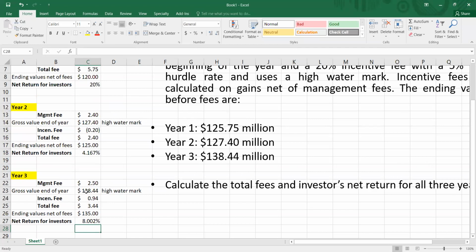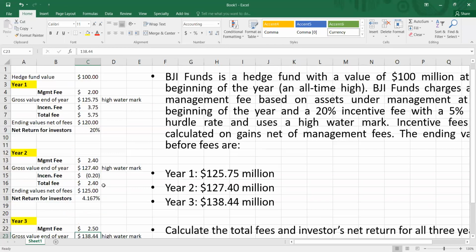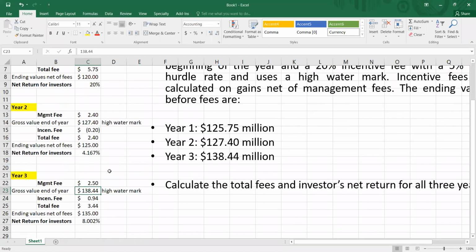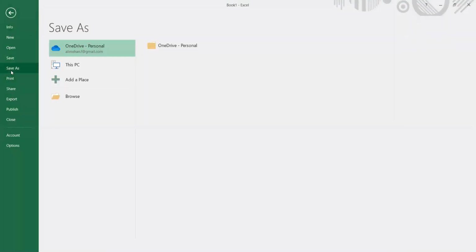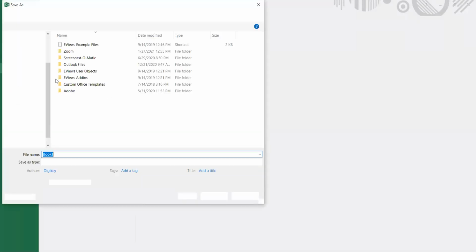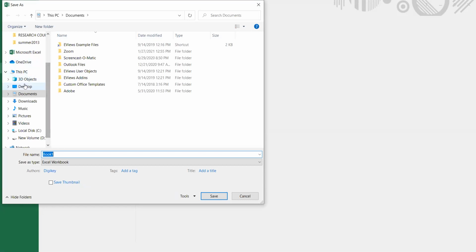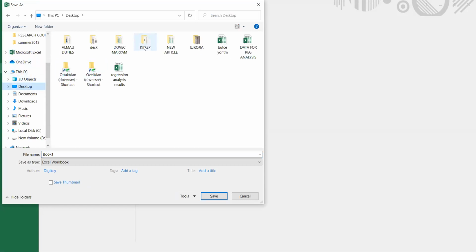So if I receive anything below this amount, 138.44, then that would be really bad actually for myself. The reason is that the hedge fund will not be paid anything. Okay, let me save this file. Just a second. If you have any questions, please feel free to ask.